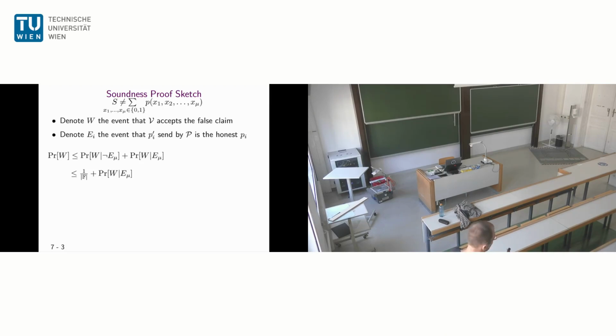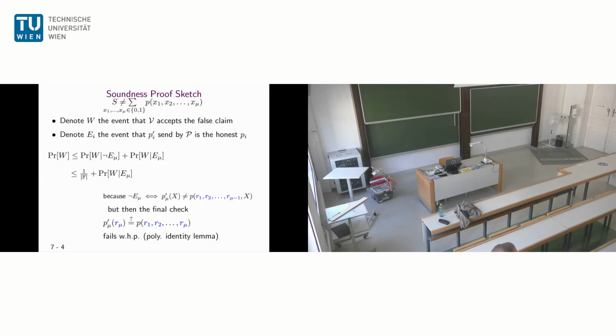I'm glad you also. Okay, so I will now quickly show you why we can upper bound this term. This term I don't know at this point, but let's look at the probability that the verifier accepts, given that the last polynomial is not the correct polynomial. The event that the last polynomial is not the correct polynomial translates to this statement here.